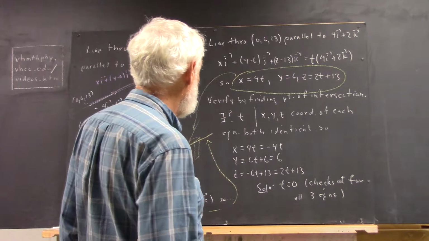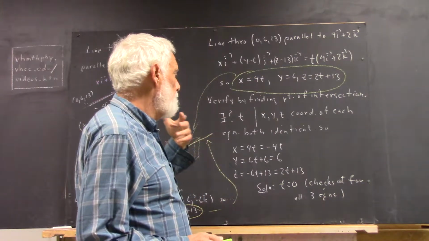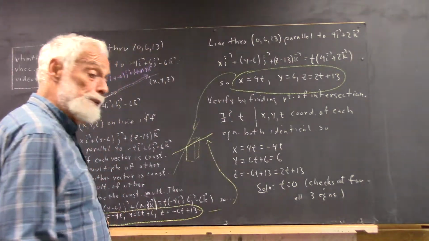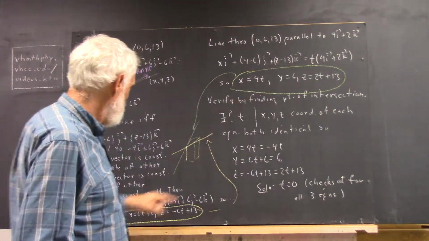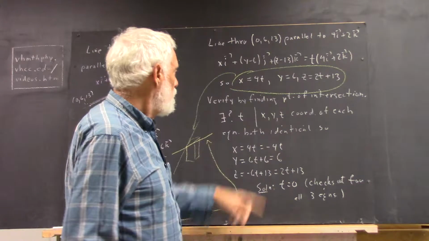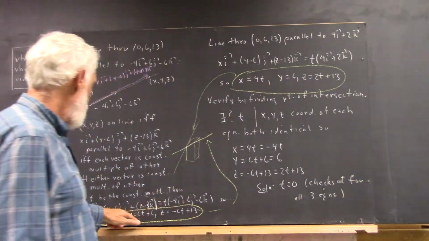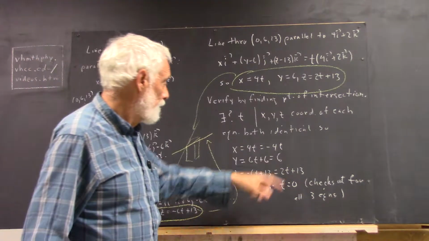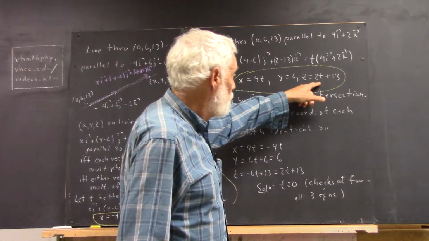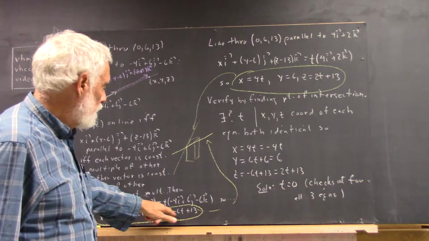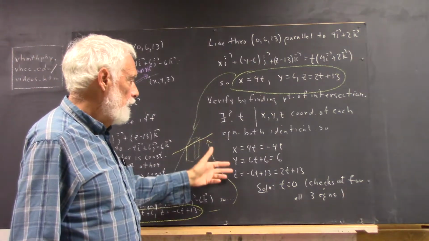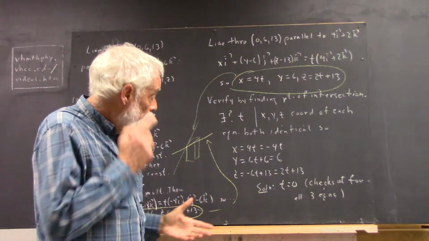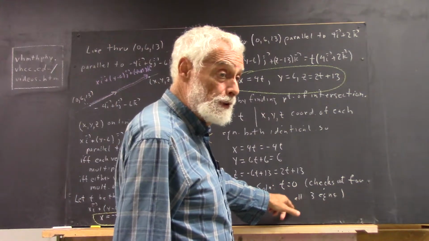In this case, though, we can set x equals x, giving us 4t = -4t, y equals y, giving us 6 = 6t + 6, and z, 2t + 13 = -6t + 13. If we solve these equations, we find that t has to equal 0.